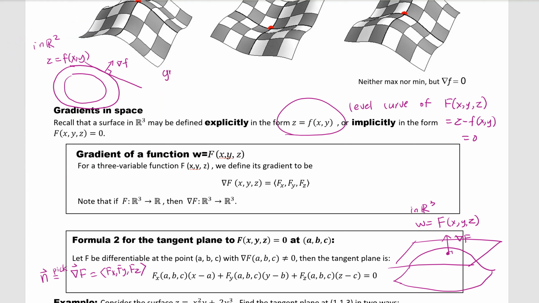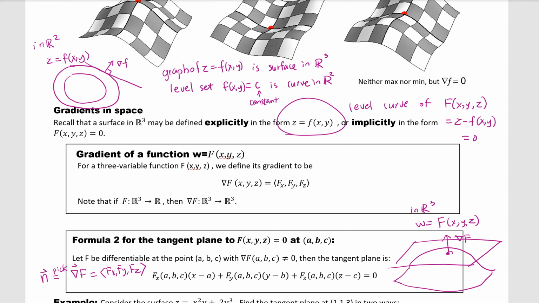The graph of z equals f of x, y is a surface in R3, but the level set, f of x, y equals a constant, is a curve in R2.